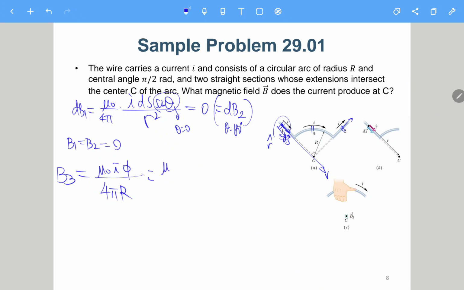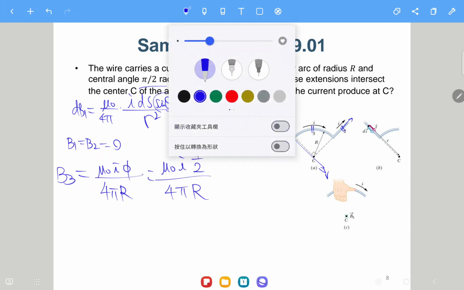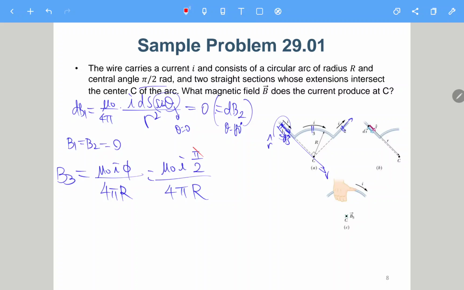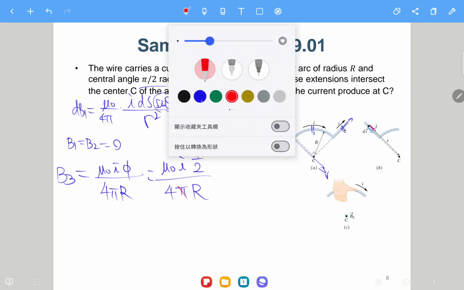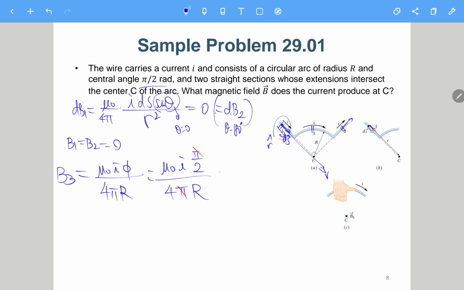So this is mu 0 times I, and then phi is pi over 2, so make it pi over 2 and then 4 pi r. Let's do some cancellation. Pi and pi can be cancelled, so it turns out to be mu 0 I over 8r. This is the answer to this one.